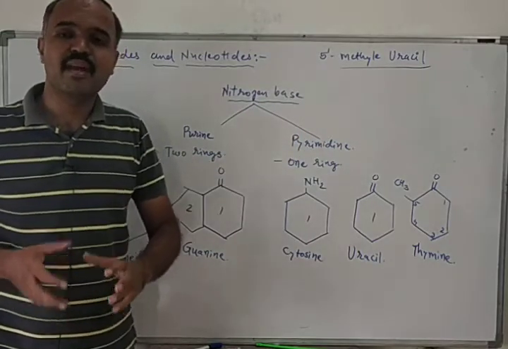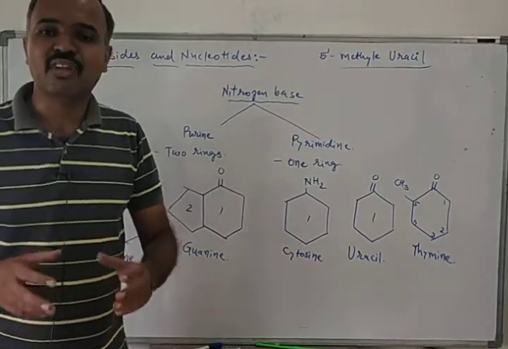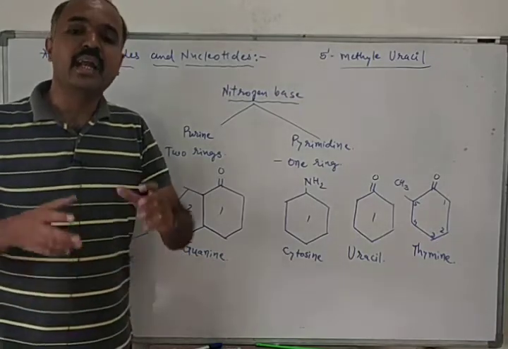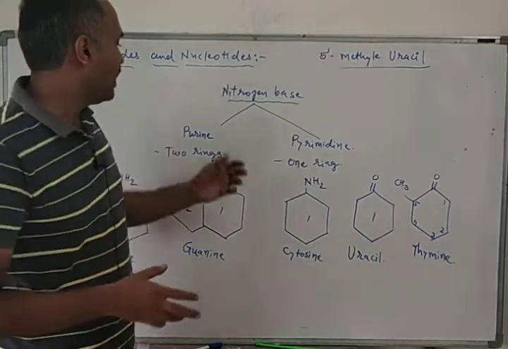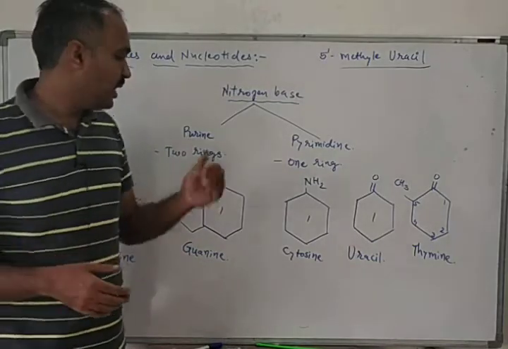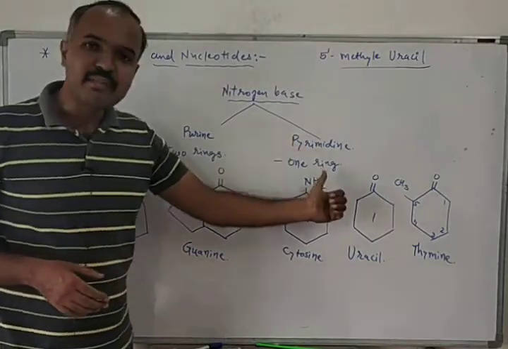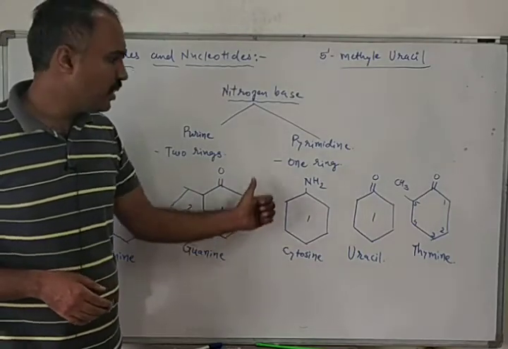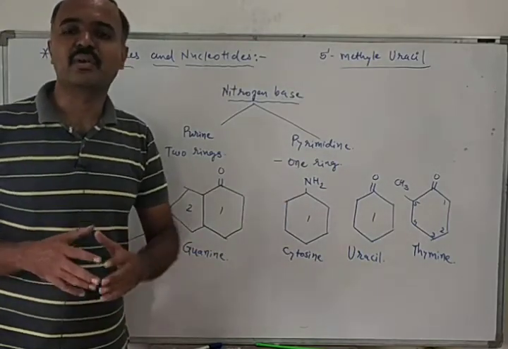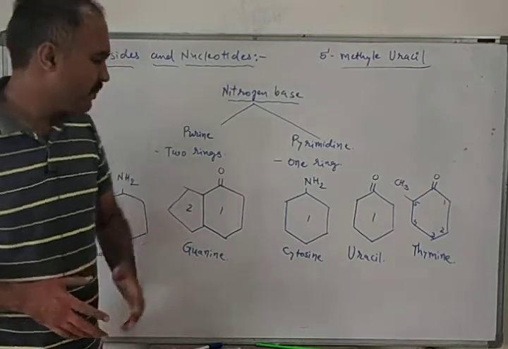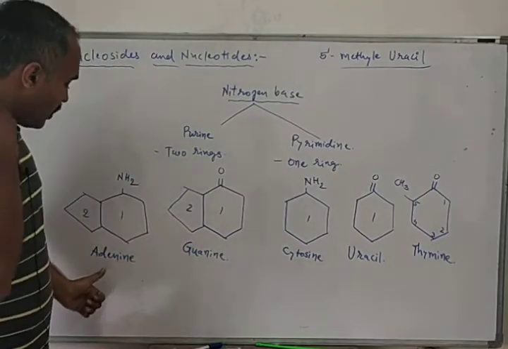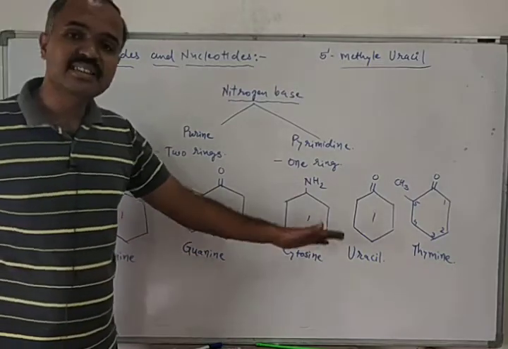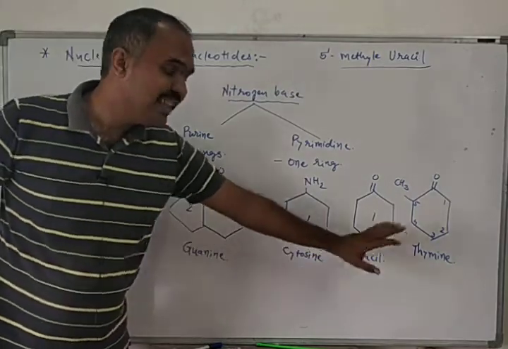What is a nitrogen base? A nitrogen base is a heterocyclic ring found in nucleosides and nucleotides. These heterocyclic rings are of two types: purine or pyrimidine. Purines have two heterocyclic rings in their compound. Pyrimidines have only one heterocyclic ring. There are two examples of purine, adenine and guanine, and three examples of pyrimidine: cytosine, uracil, and thymine.